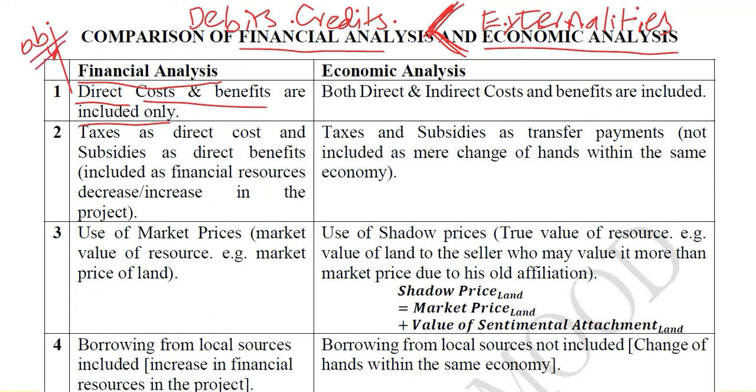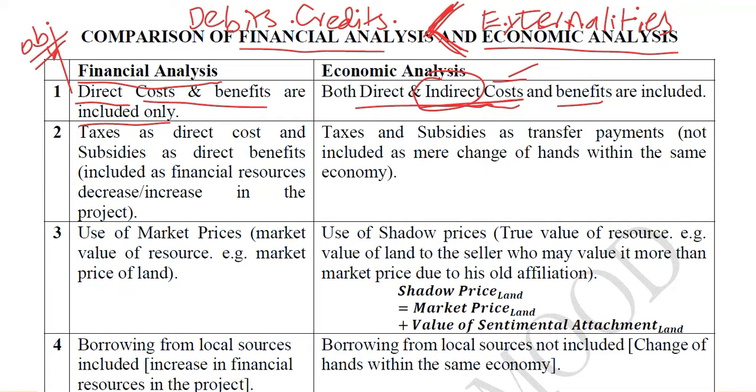But when it comes to the economic analysis, both direct as well as indirect costs and benefits are included. Because our scope of analysis is now broader, and we are trying to internalize all the effects. They can be either benefits or costs, but the scope of analysis is now broader, and it is not limited to the boundaries of the project.